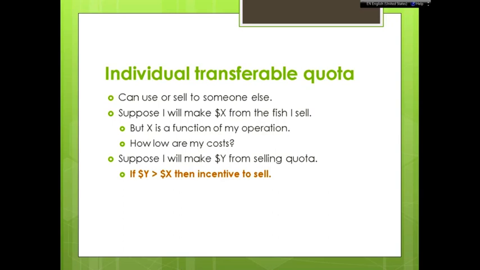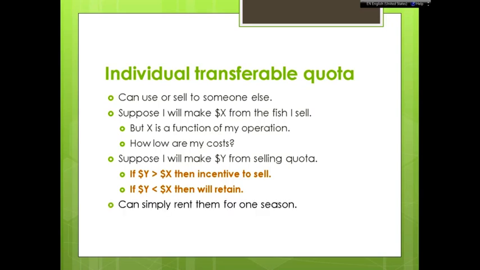So if Y dollars is greater than X dollars, then does everyone agree I've got the incentive to sell off my quota, which means I'm not doing the fishing? But of course, if Y dollars is less than X dollars, then I should retain the quota. I'm going to make less by selling off the quota. I'm going to make more, taking into account my costs, by harvesting the fish myself and selling them, taking into account my costs.